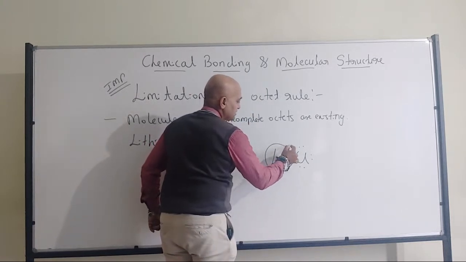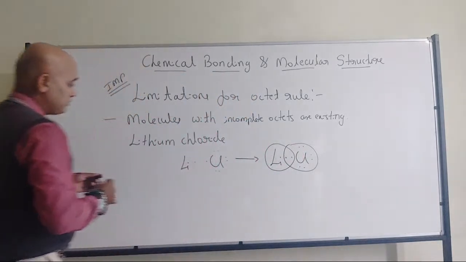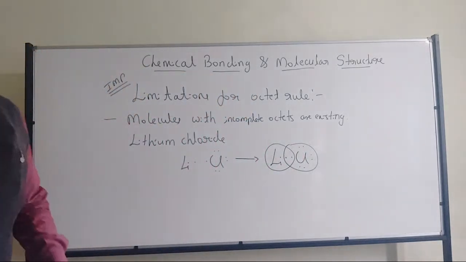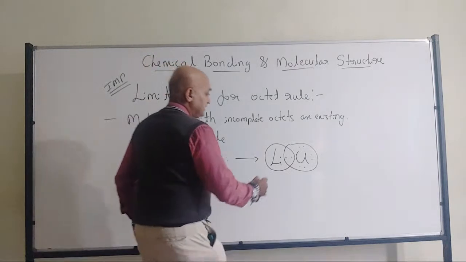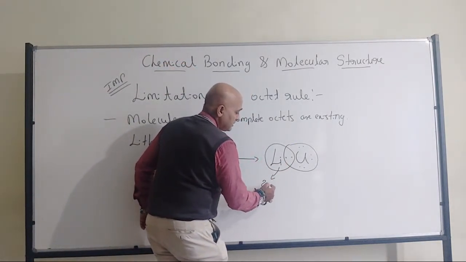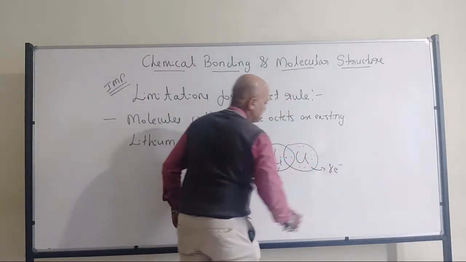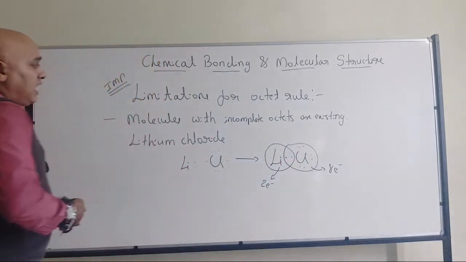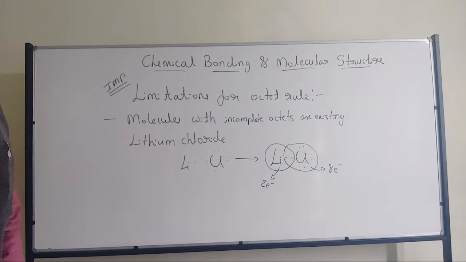If you observe it carefully, after the bond formation, lithium is with 2 electrons and only chlorine is the one with 8 electrons.